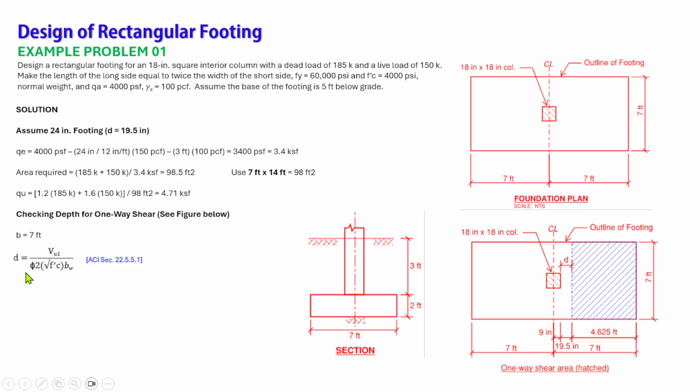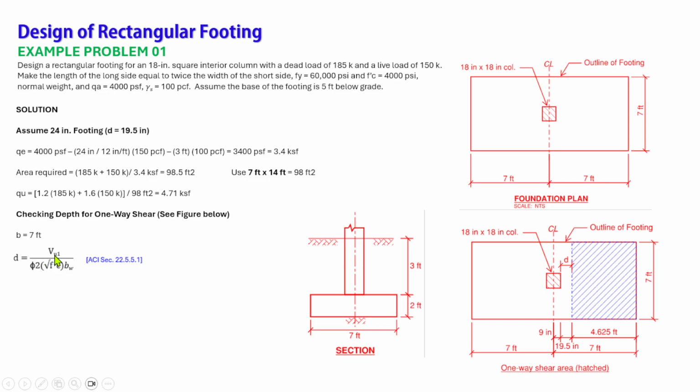Continuing on determining the depth according to ACI section 22.5.5.1, we have this formula, and that is the Vu, which is the shear force of the one-way shear, that is hatched here in the plan.